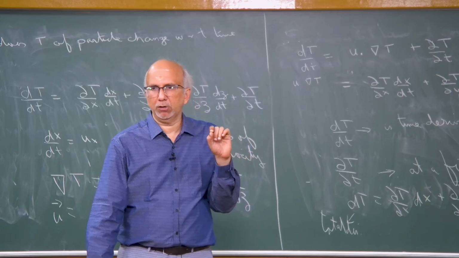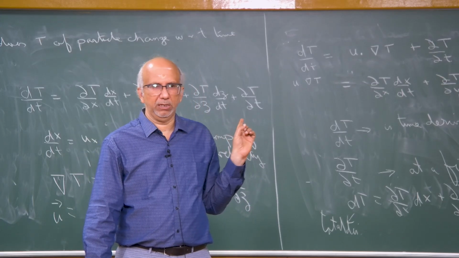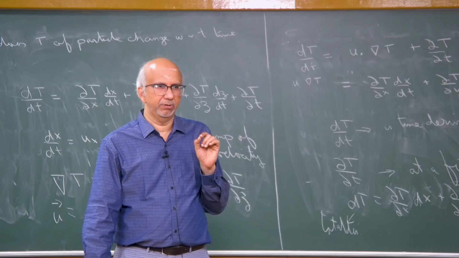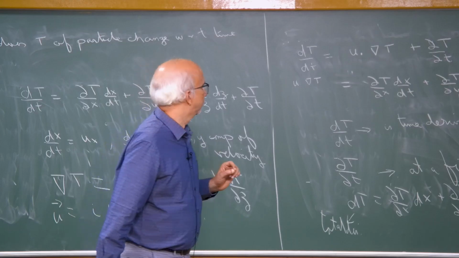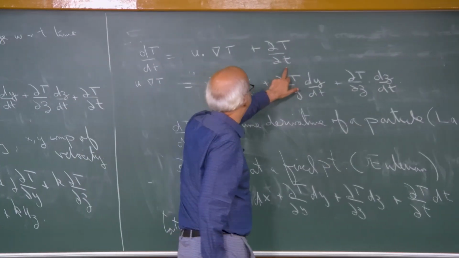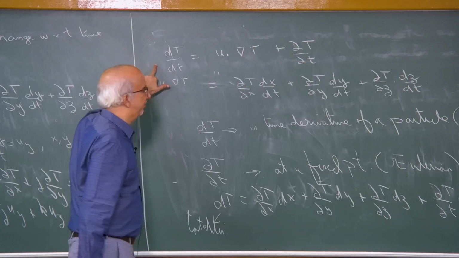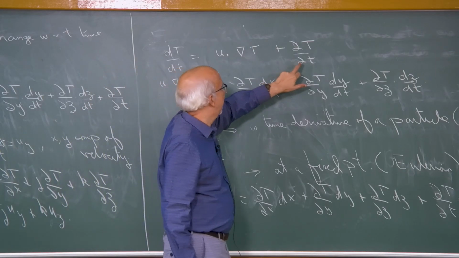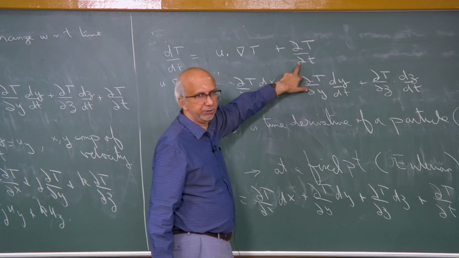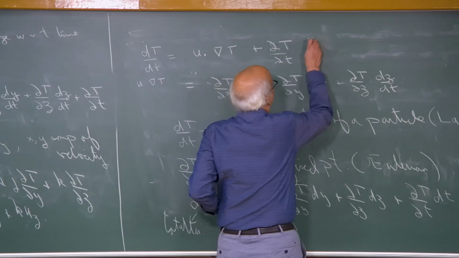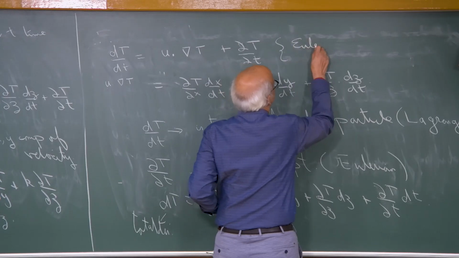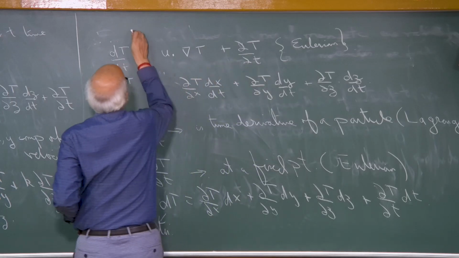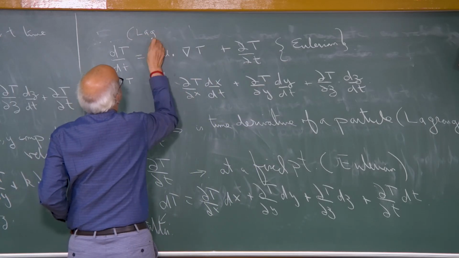I am not talking about the total derivative, the left hand side, the Lagrangian derivative, I am talking about the Eulerian derivative. So this is the Eulerian derivative, this is the Lagrangian derivative. When I say steady state, I mean this Eulerian derivative goes to 0. So this is what we started out to do, this is Eulerian, and this is Lagrangian.